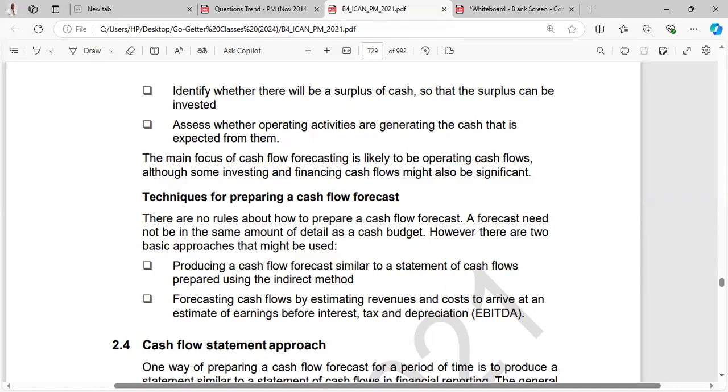Then financing has to do with buying of shares and long-term liabilities. When you are buying shares, money is going out. When you are getting dividends or interest, money is coming in.